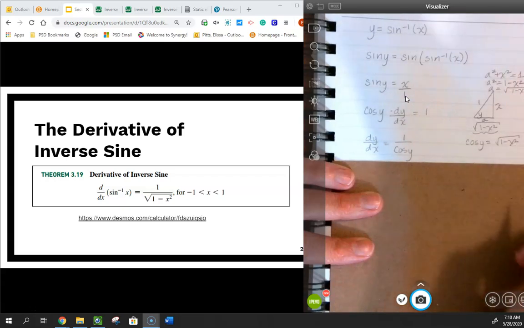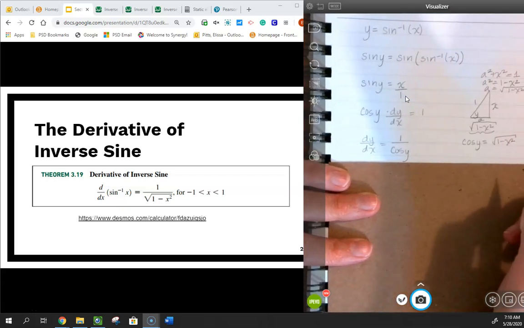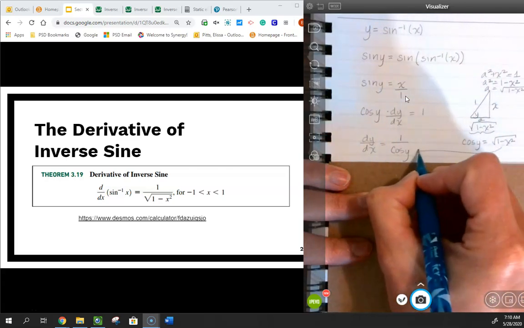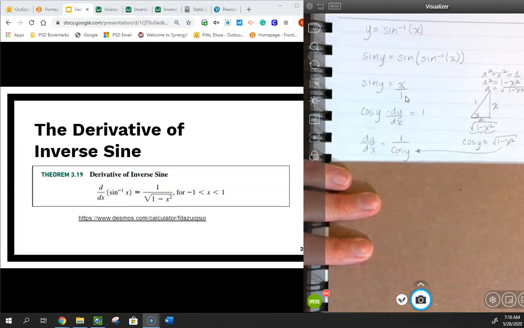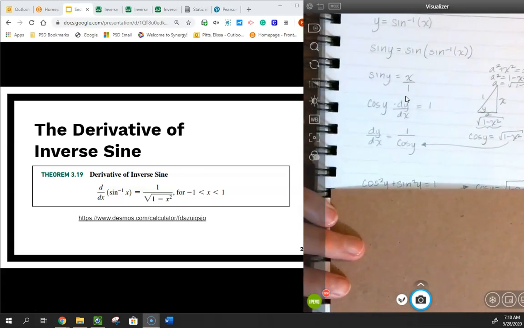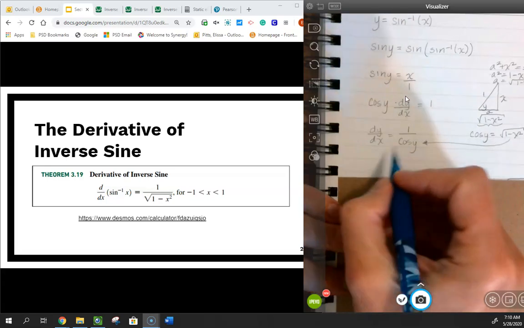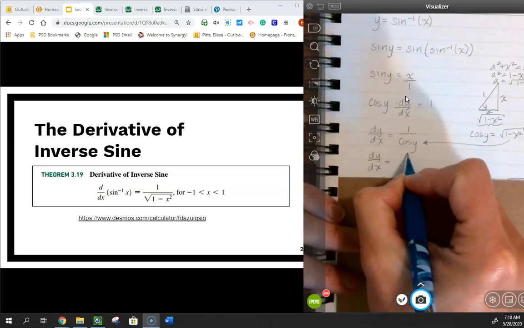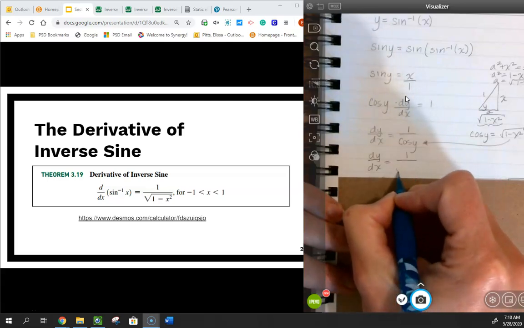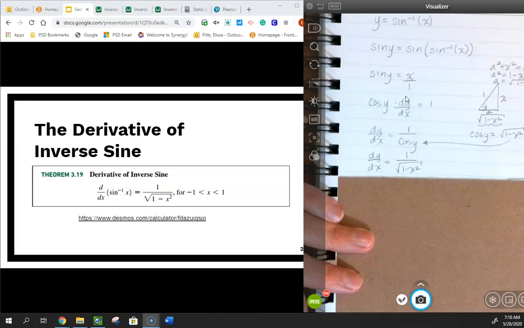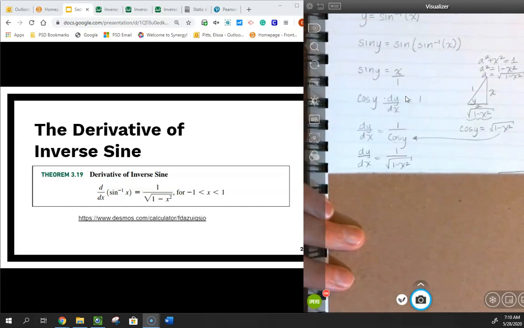I could write over 1, but that's still just the square root of 1 minus x squared. And I can substitute that in for cosine of y to get dy dx is equal to 1 over the square root of 1 minus x squared. Now, that's the way that I do this problem.